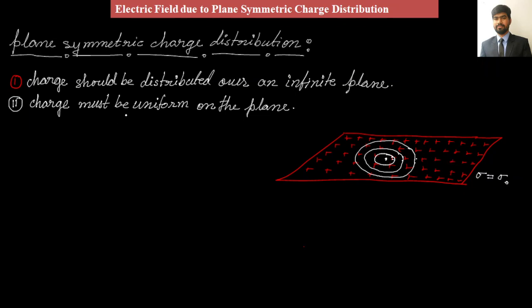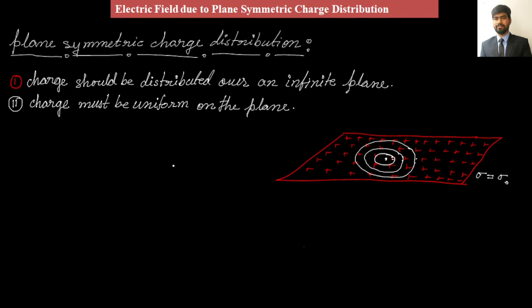Okay, so now we have understood what type of charge distribution is called a plane symmetric charge distribution. Now what we want to do is calculate the electric field because of this type of plane symmetric charge distribution using Gauss law. So before calculating the electric field, we have to check two important points. First, what will be the directions of electric field above this plane and below this plane?